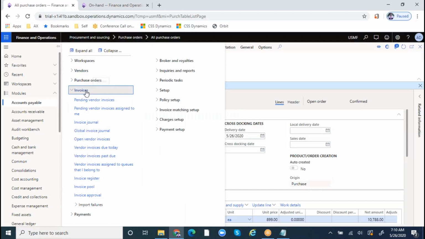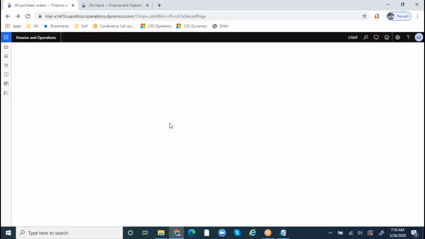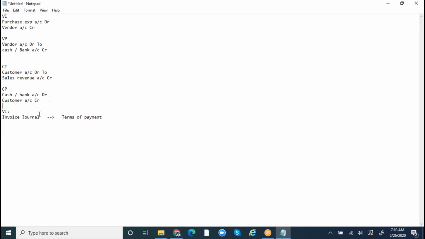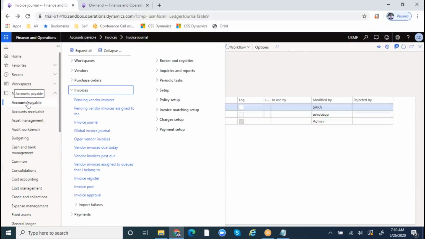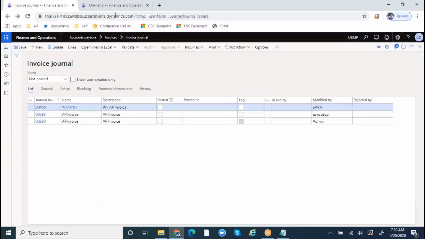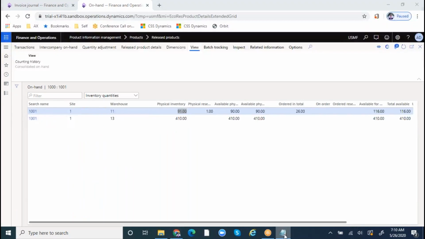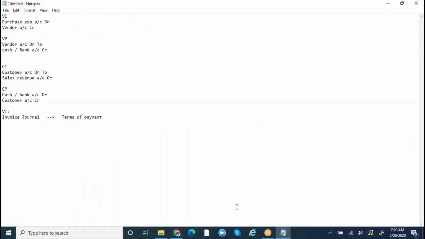Click on invoices, invoice journal. This is the invoice journal. So for vendor invoice, this is the path: accounts payable module, invoices, invoice journal.